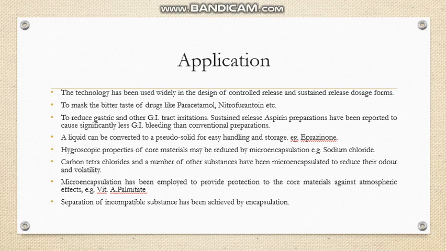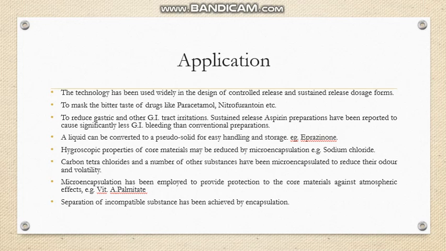Some drugs may show irritation and other effects on the GI tract. To overcome this effect, we can utilize this type of concept. A liquid can be converted to a pseudo-solid for easy handling and storage of the drug. This can also be done by this technique.